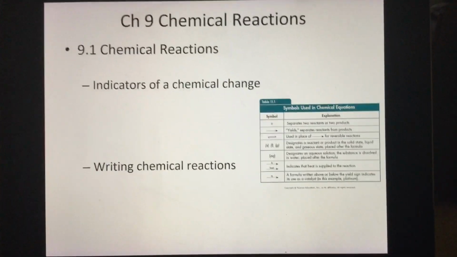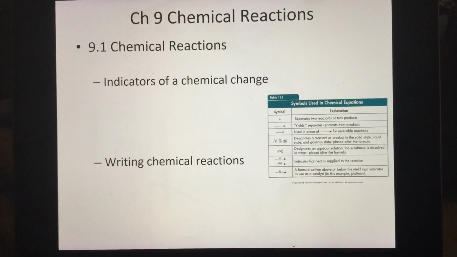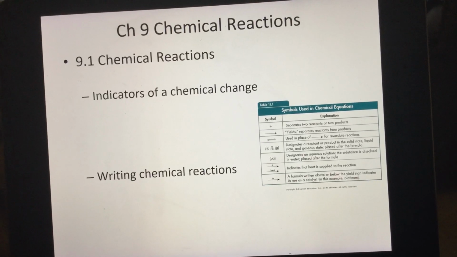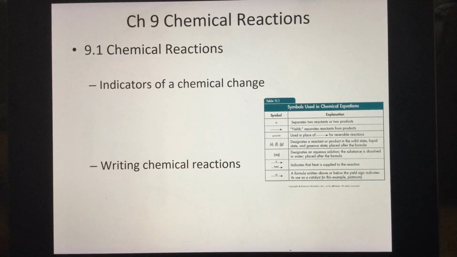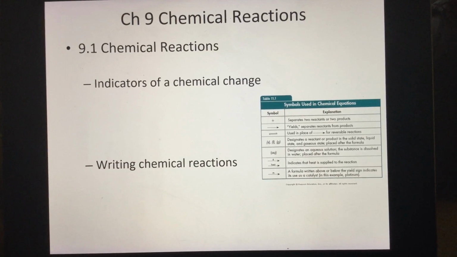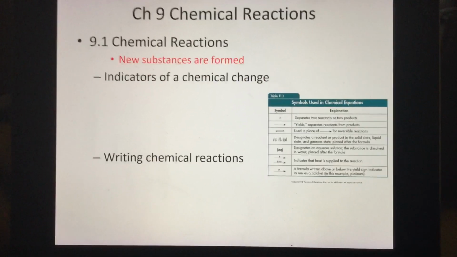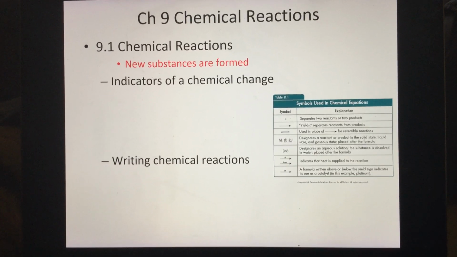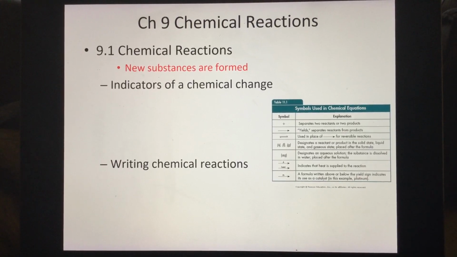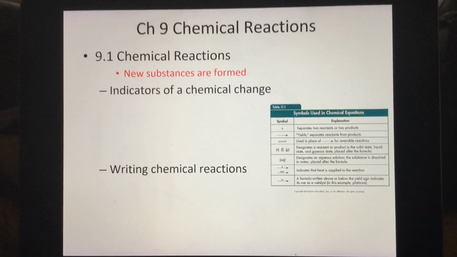So again, this is chapter 9 on chemical reactions, and we're first going to just kind of repeat what we talked about way back in the beginning of the school year about indicators of a chemical change. Anytime we are forming some new substance, that is technically a chemical reaction.